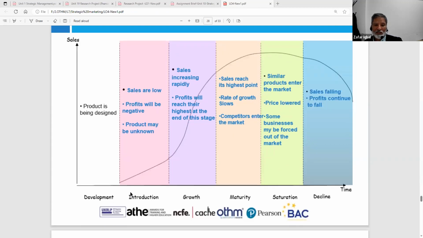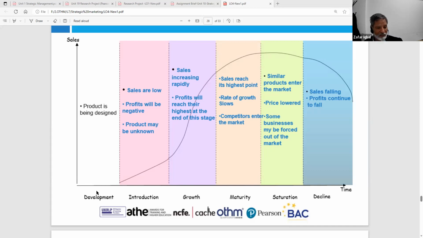Introduction stage is where the product is launched, when the product is introduced, when the product comes onto the market. It may be unknown, it may have very small sales, and it has very low revenue. The profit may be negative because after the development expenses and the research and development expenses, it takes a bit of time to recoup these expenses.